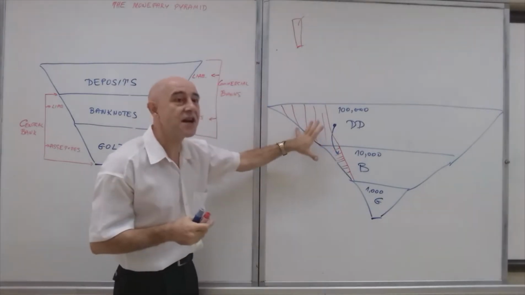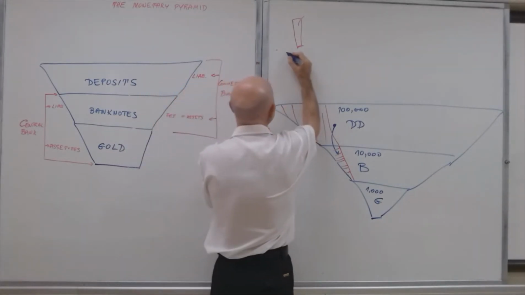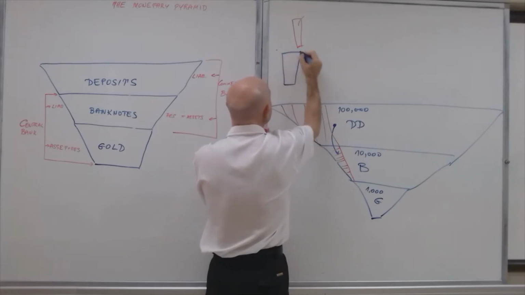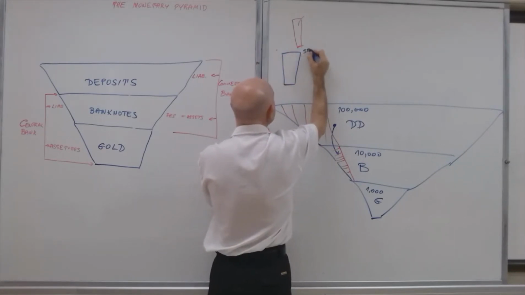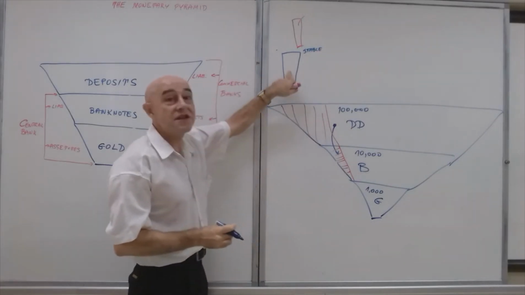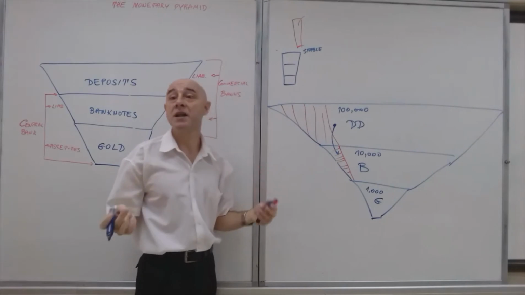Now, the next thing is, again, very simple. Let's draw a picture. This type of pyramid is stable. It's a very small multiplier.